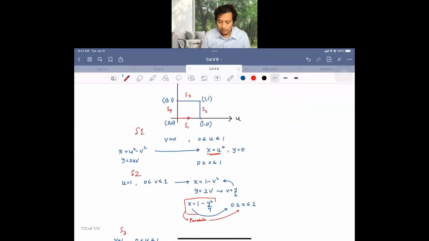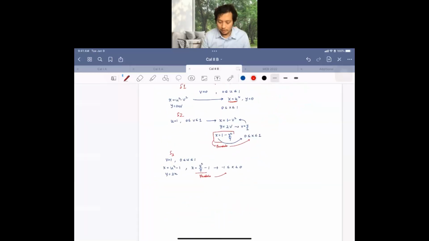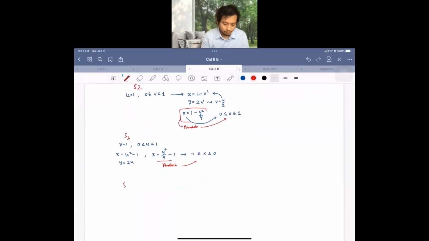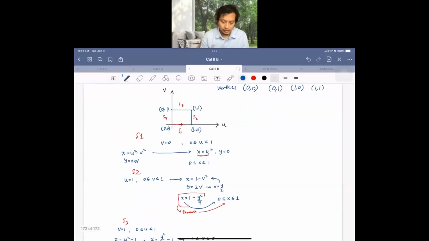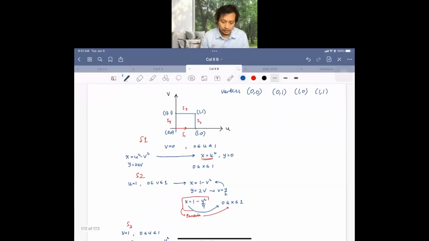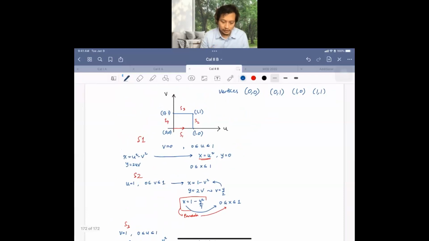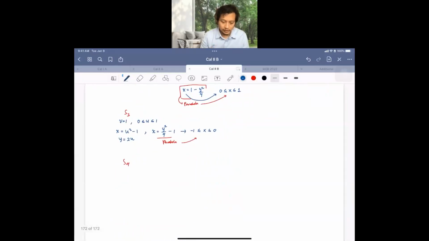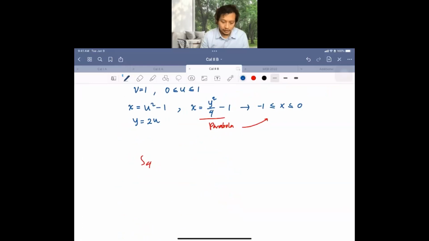And lastly, S4 is going to have the same. The u will be constant. Then v is changing from 1 to 0. So u will be constant 0, and v is from 0 to 1.